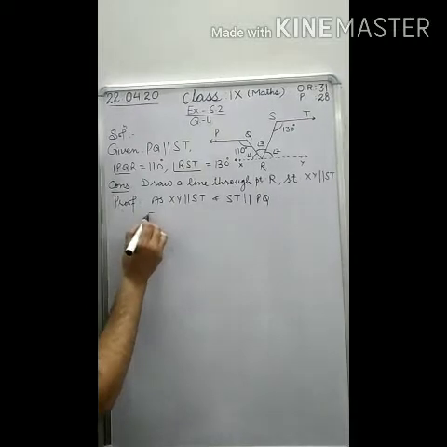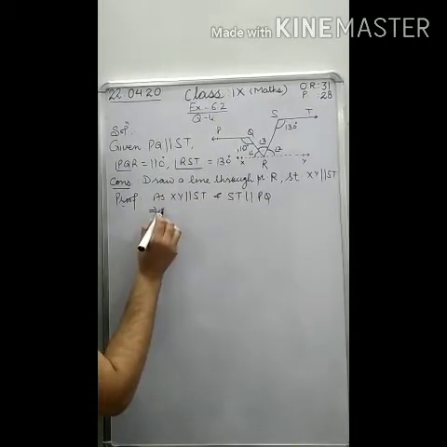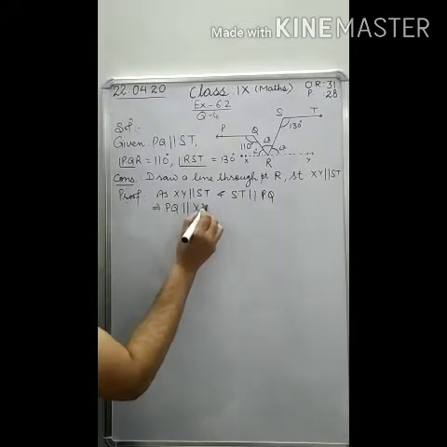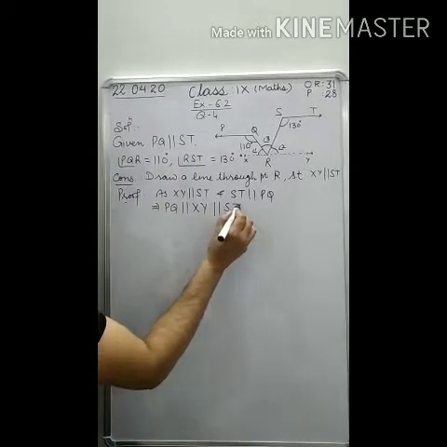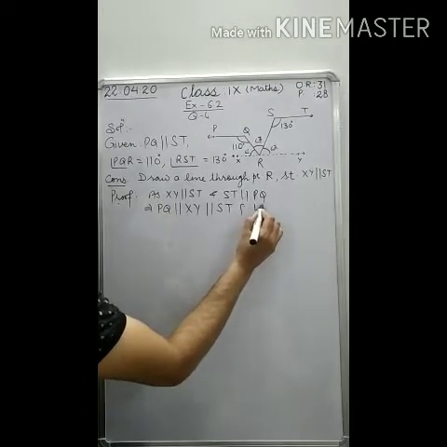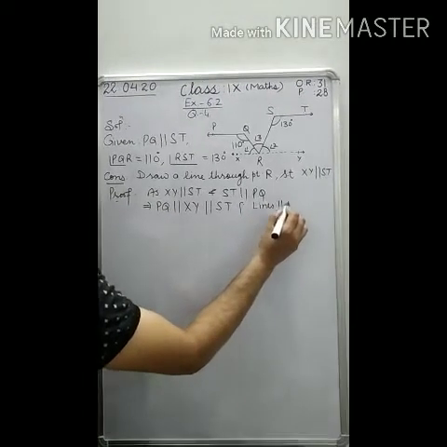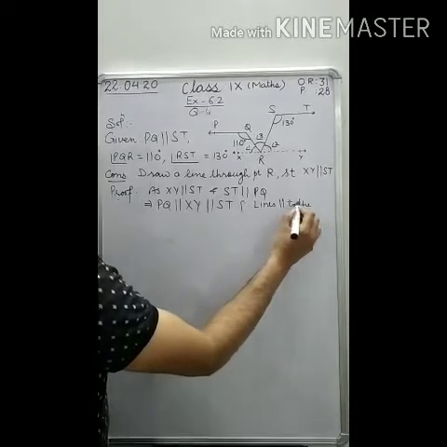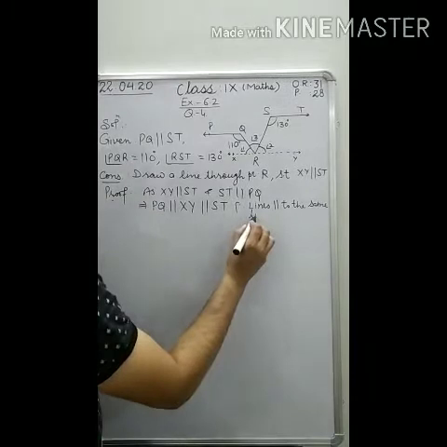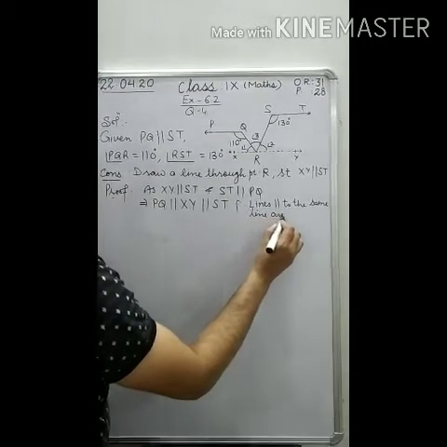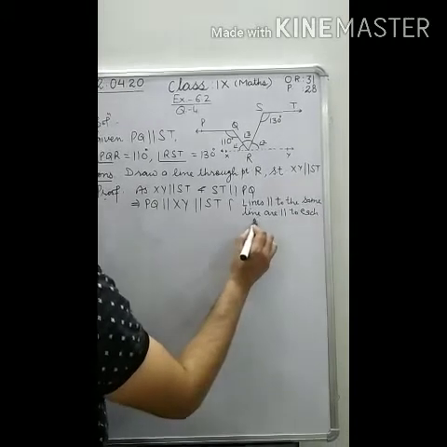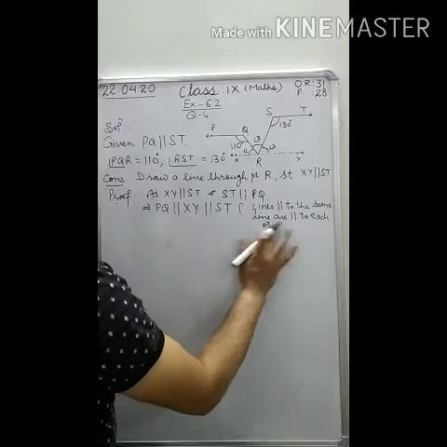So this implies all these three lines, PQ will be parallel to XY parallel to ST. Because, reason you will mention, lines parallel to the same line are parallel to each other. This is the reason for that.